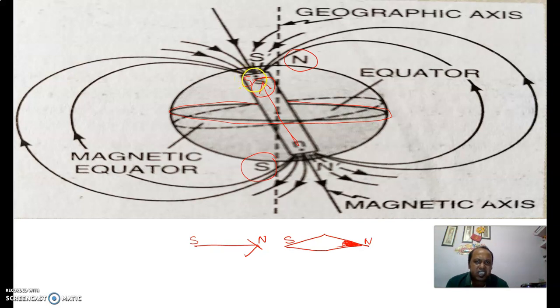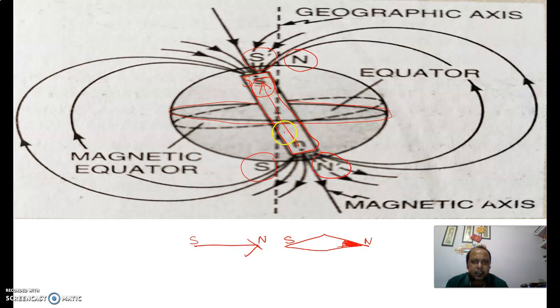So you can see here the Earth's imaginary magnet. It has a south pole which is near the geographical north pole. This south is represented by S dash and we call it magnetic south. Similarly, we have a magnetic north also here.